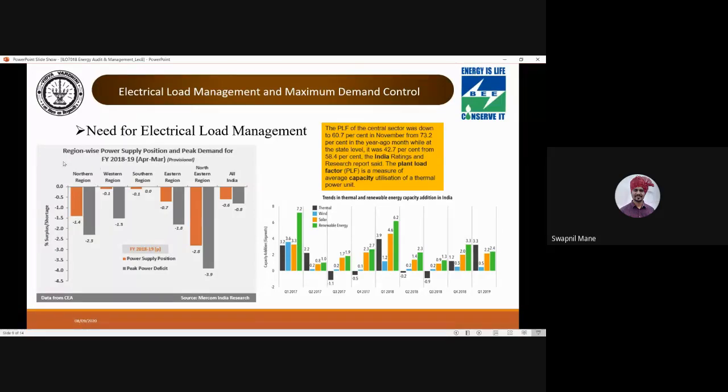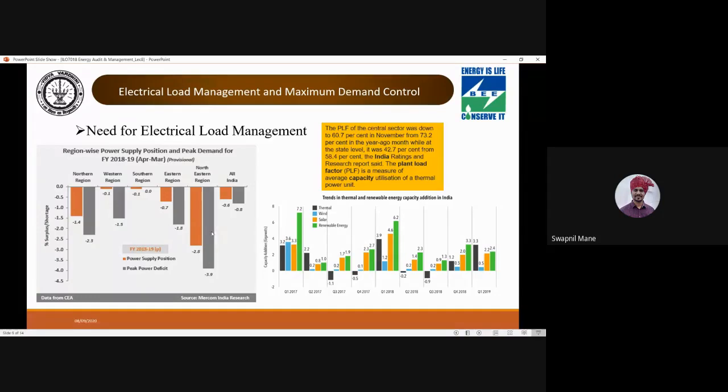In the northern region, there were 4 zones already, but now it is a single grid, single zone. But when we bifurcate this, you see the northeastern region is the highest. It is a region wherein we have very low power supply.